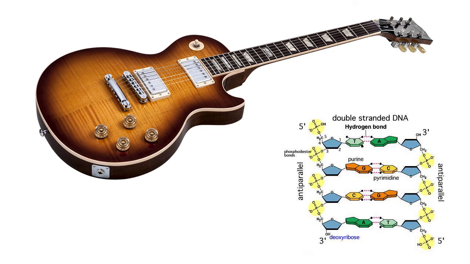Guitar, 6. How many does a violin? Anybody here play violin? 4. 4 strings on a violin? Okay, so 4 strings on a violin, 6 on a guitar, 88 on a piano. I don't even know if anybody can count the number of atoms in a DNA molecule. It's more than that. 4 times some big number.